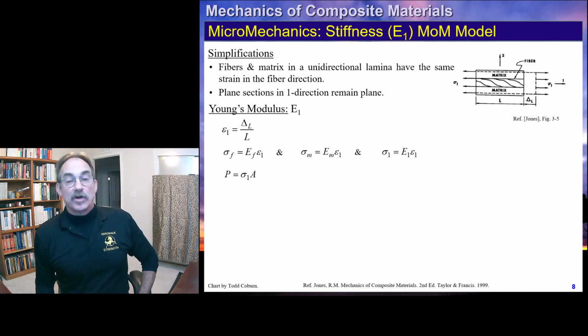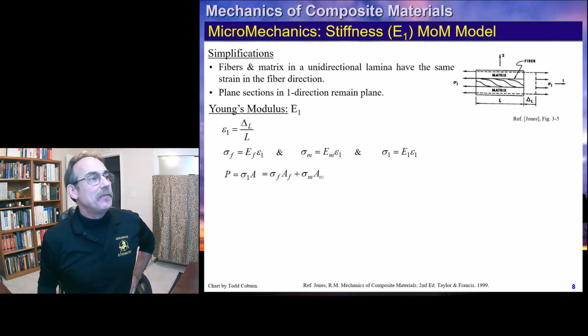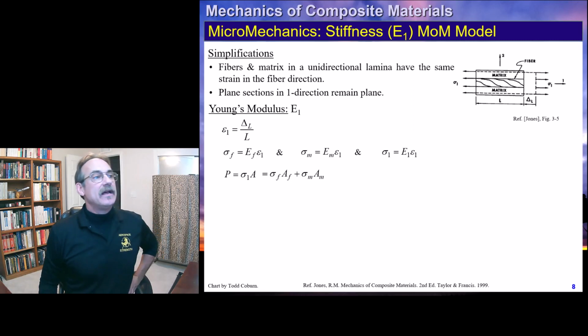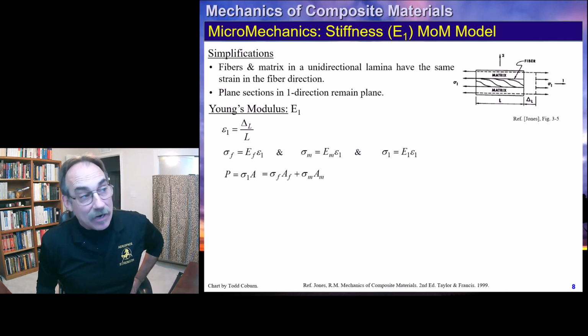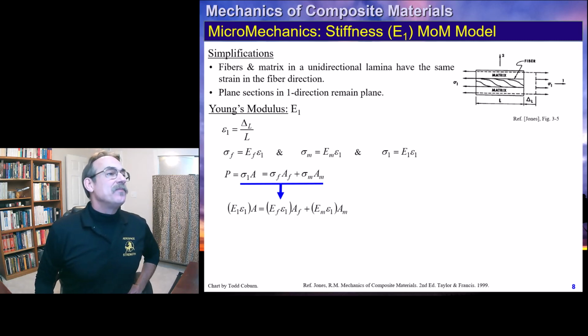We know our force is just the stress times the area, so we can write that relationship. The total force is going to be whatever stress the fiber carries times its area, plus whatever stress the matrix carries times its area. We take this and drill it down, and when we plug in the stress, that E epsilon from Hooke's law for each, we can write it this way.